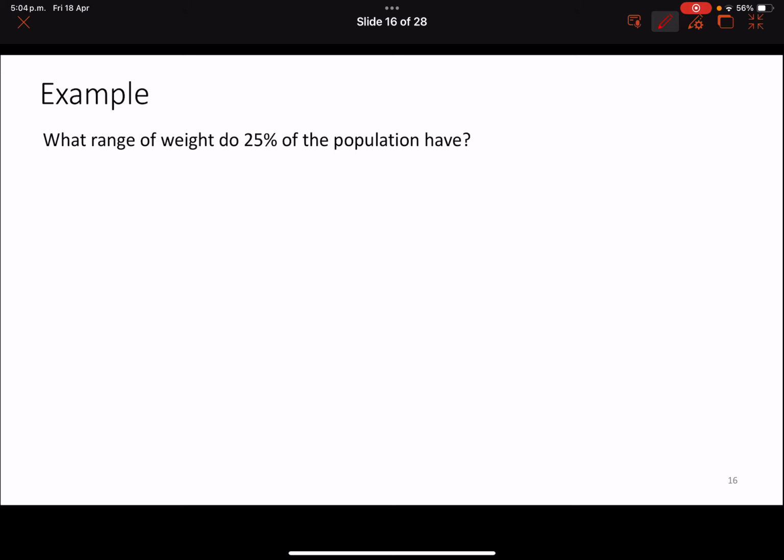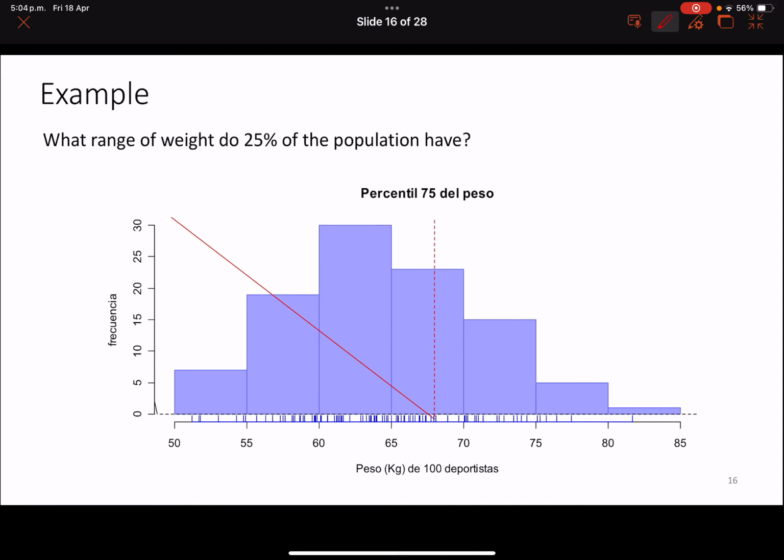Then it says, what range of weight do 25% of the population have? So let's see the graph. Here I have P75, so the 75th percentile. Here I know this is 75% of the population, and the other one is the 25%.